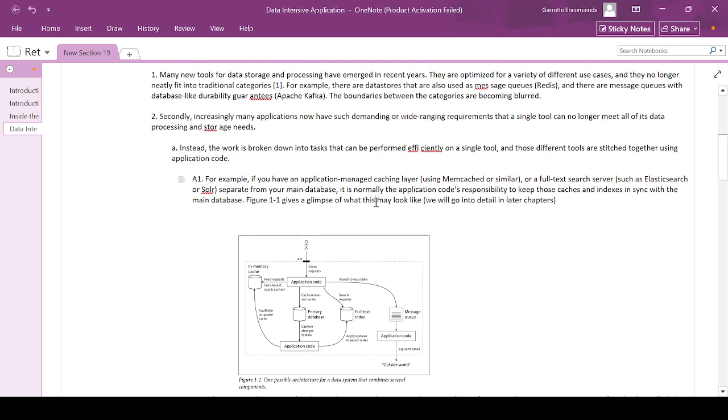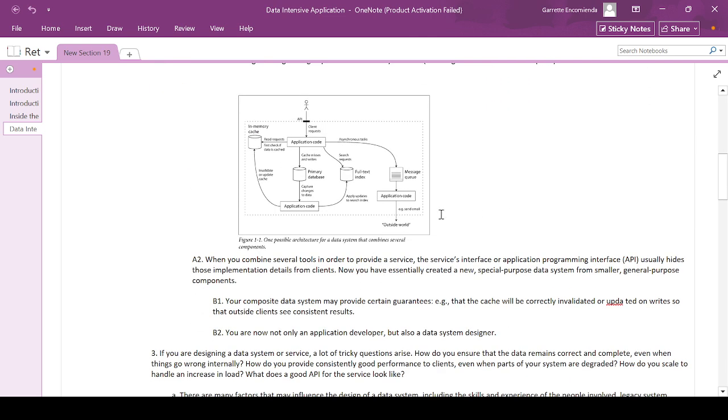For example, if you have an application-managed caching layer using Memcached or similar, or a full-text search server such as Elasticsearch or Solr, separate from your main database, it is normally the application code's responsibility to keep those caches and indexes in sync with the main database.